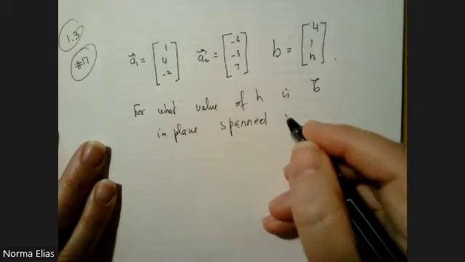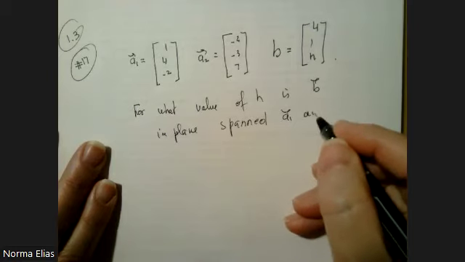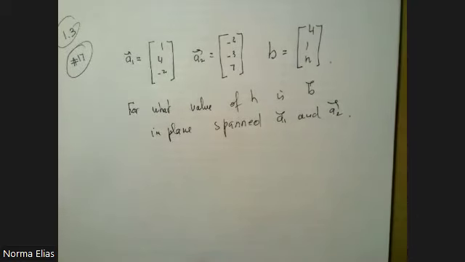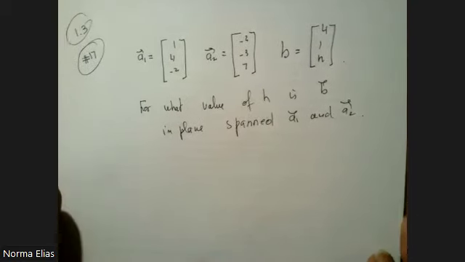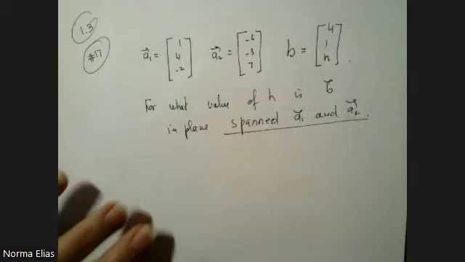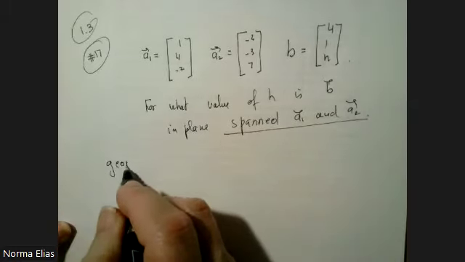What does it mean, plane spanned by A1 and A2? Okay, I remember talking about that last time. Now I want you guys to tell me, what does it mean, the plane spanned by A1 and A2? Geometrically, what does this mean?